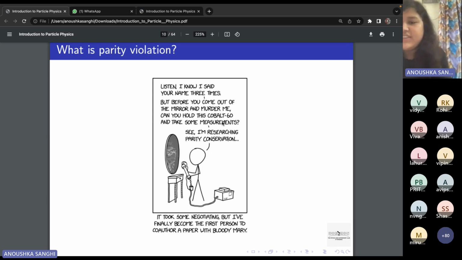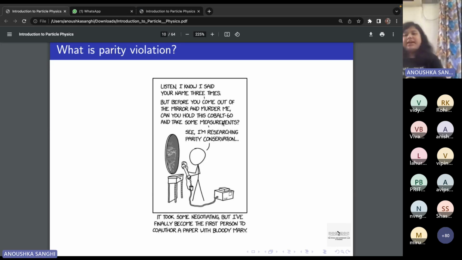In a coordinate system we define some of the particles which can be right-handed or left-handed, just like how we give directions, like we all know for humans what is right and what is left. Similarly, for a coordinate system we define what's a right-handed system and what's a left-handed system.